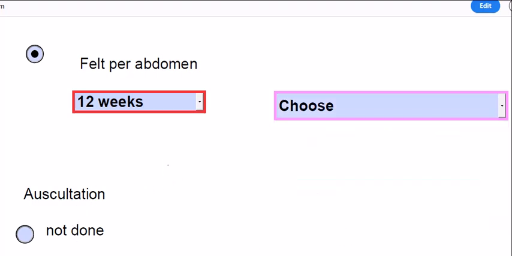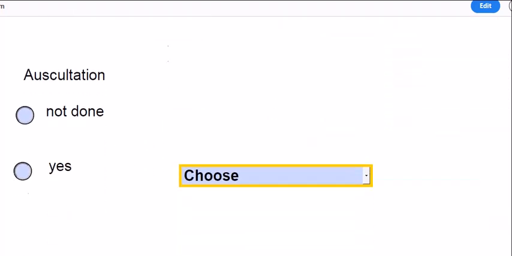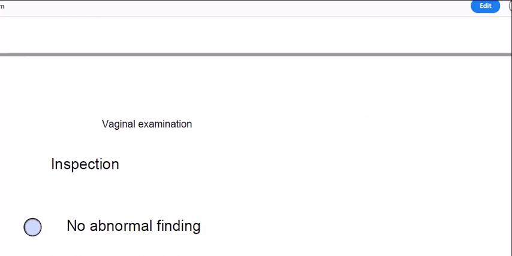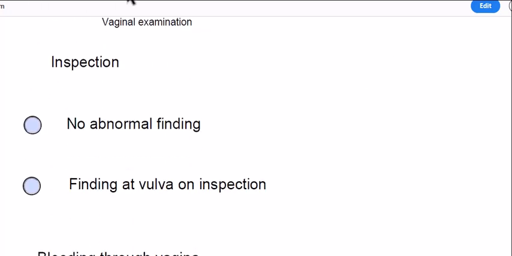If the size of the uterus is 16 weeks or more, we can auscultate for the fetal heart sound and determine whether the fetal sound is positive.